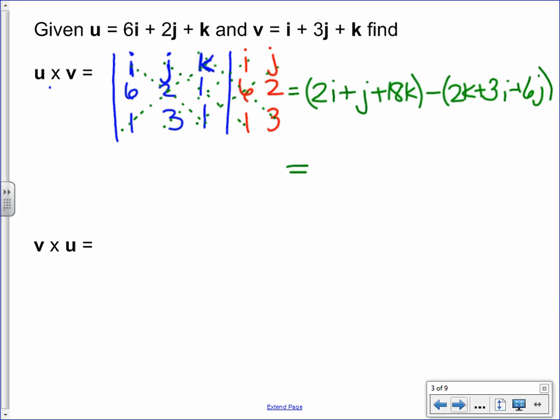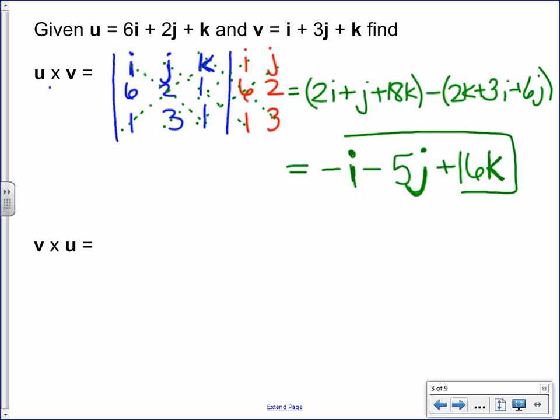If we combine the I's, what are we left with? Negative I. We combine the J's. We have J minus 6J. Negative 5J. And our K's, we have 18K minus 2K. 16K. And there's the vector that results in U cross V.